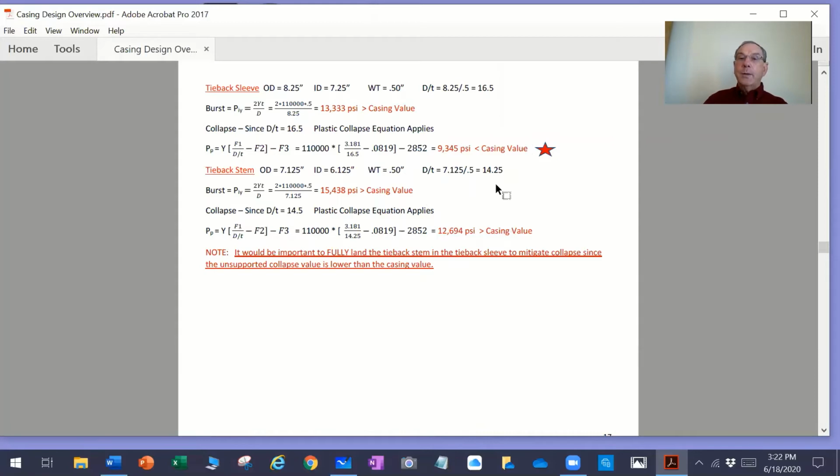And from a practical point, what you would have to manage during the execution of this is it would be important to fully land the tieback stem and the tieback sleeve to mitigate collapse, since the unsupported collapse value is lower than the casing value.